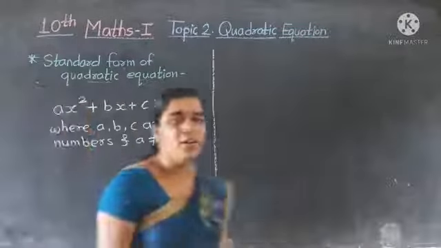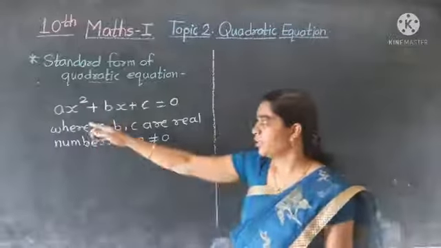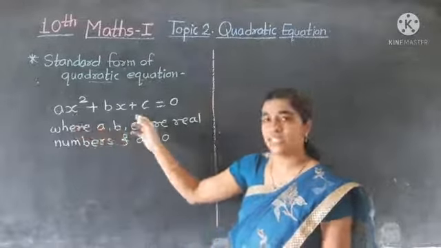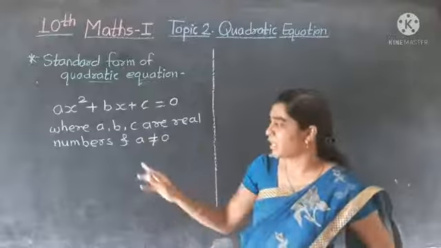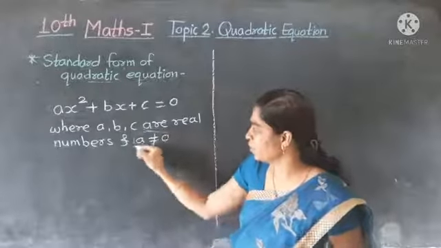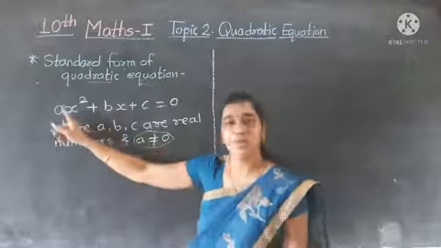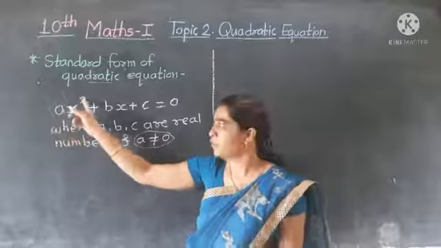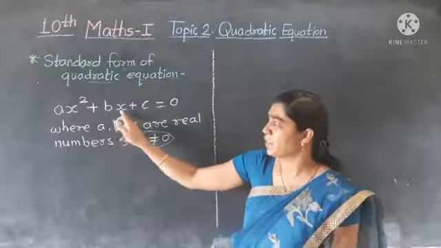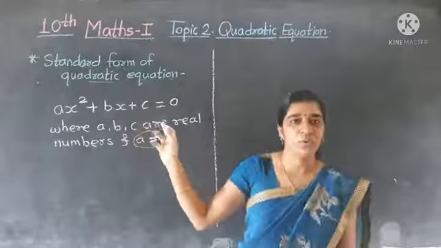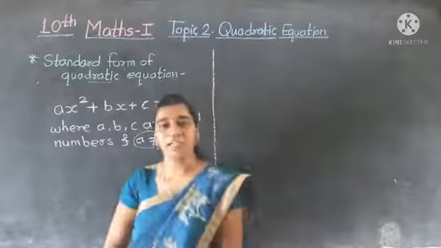This is the standard form of a quadratic equation. Remember this condition, a not equal to 0. It means the coefficient of x square is not 0. If it becomes 0, then what happens? bx plus c is equal to 0, so it becomes a linear equation.